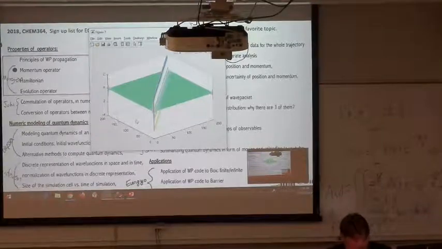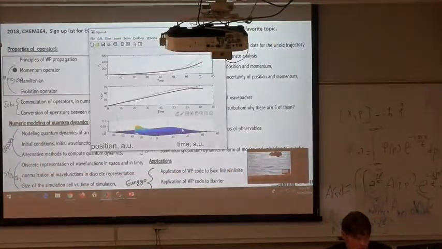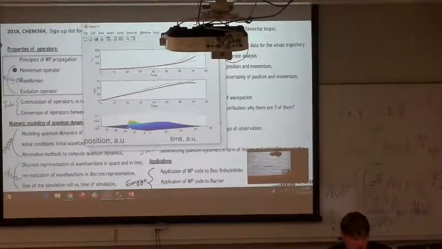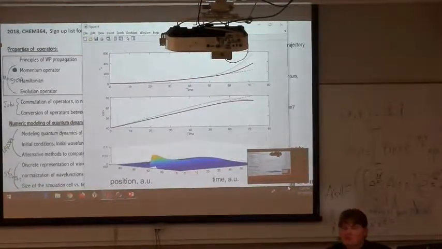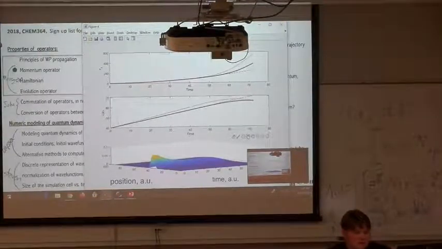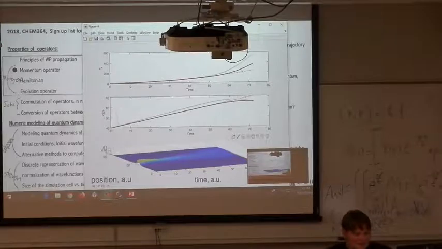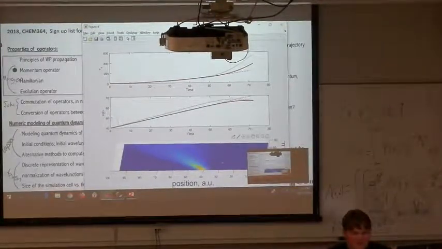Let me focus. When the code is running, it pops up several windows, right? And one of them looks this way, like, I don't know, a little slug is going across the screen.